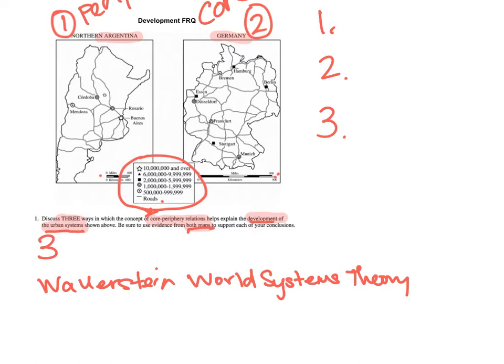The first thing that I notice that just pops right out is Germany's roadways are much more extensive than what I see in Argentina. Now, if I think to size of Germany and size of Argentina, Germany is a lot smaller. This isn't necessarily something you would know off the top of your heads; it's some additional background knowledge that I have.